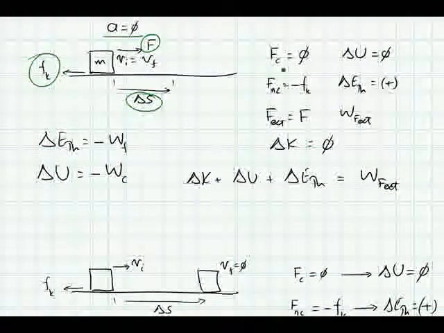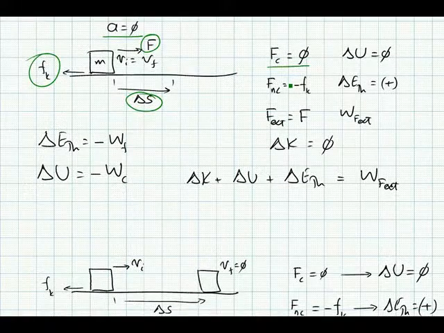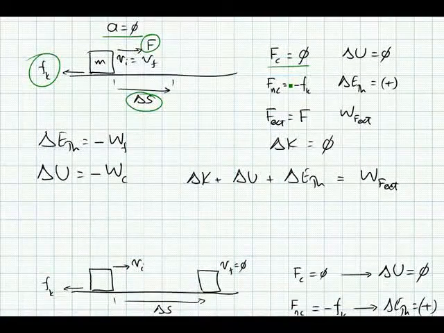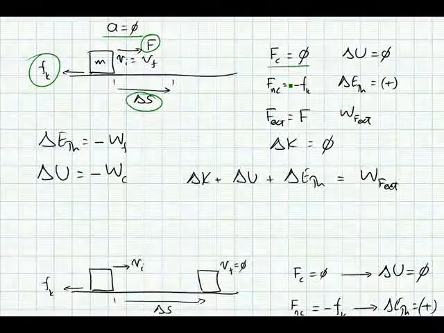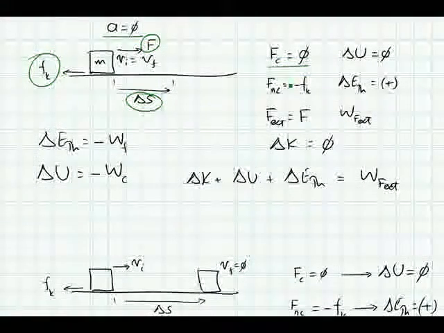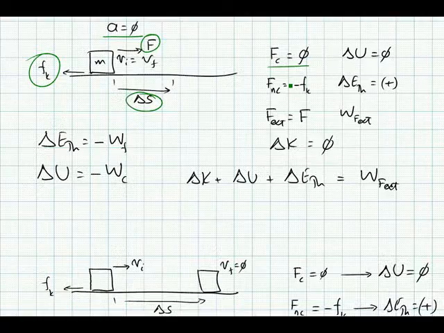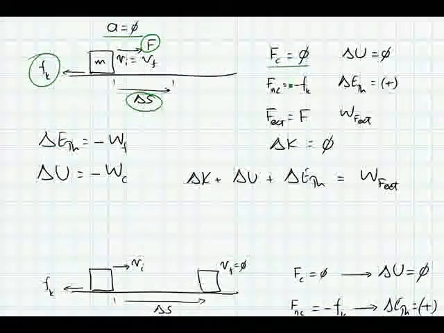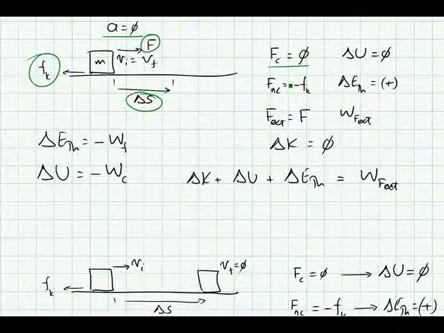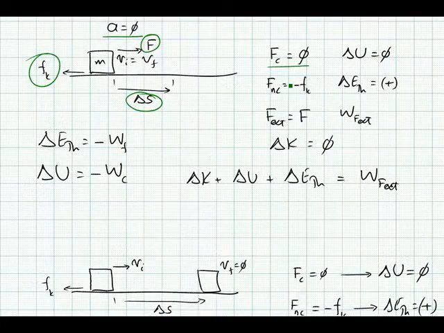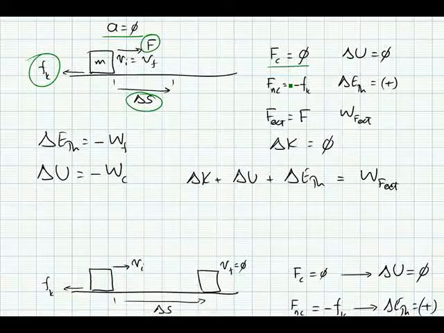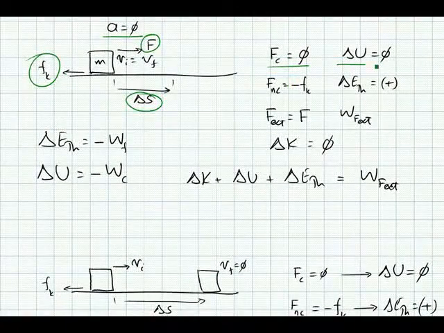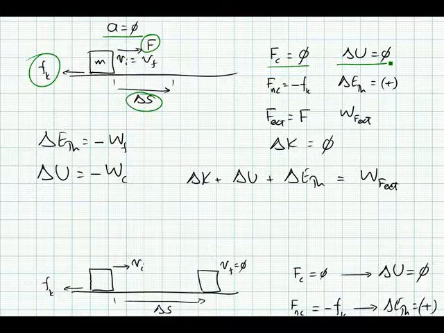We don't need to consider weight in this case because there is no change in the potential energy of the system. The displacement is along the horizontal. In the true sense of the word, yes, conservative forces like weight do exist, but because displacement is along the horizontal, we don't need to consider it. The change in potential energy is 0.